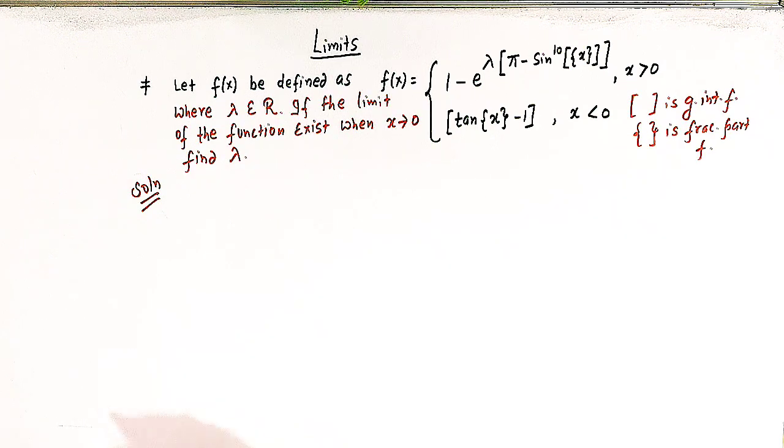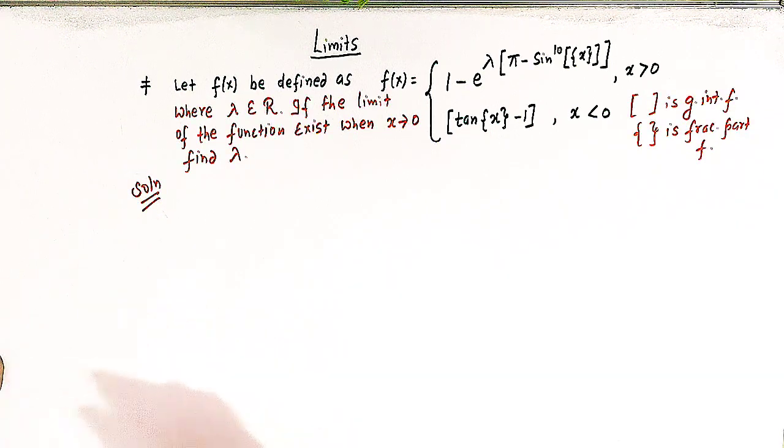So to solve these types of problems, we need to use the concept of greatest integer function and fractional part function. So we'll make use of the definition of greatest integer function and fractional part function, right?